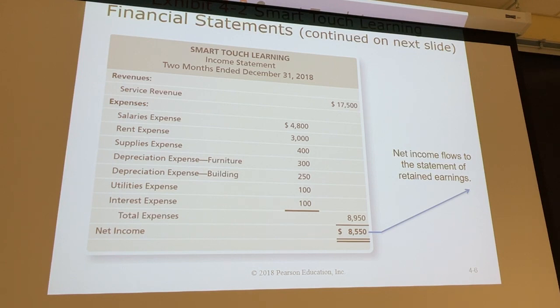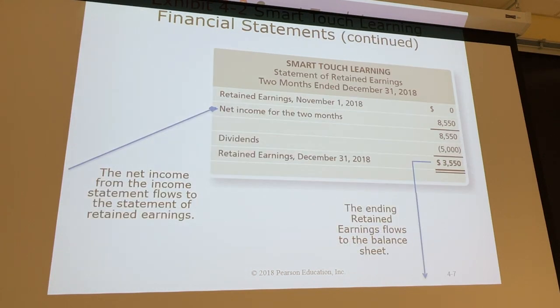Then that net income figure gets transferred over to the statement of retained earnings. There we start out with our beginning balance in retained earnings, which again in this example was 0. Then we add our net income for the period, which came from the income statement, and then we have a subtotal.